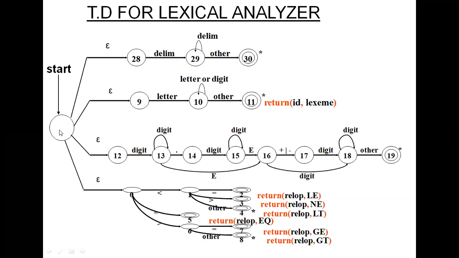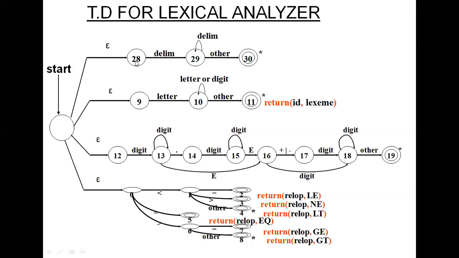That means the starting state connects with the starting state of the delimiter, the starting state of the identifiers, the starting state of the unsigned identifiers, and the starting state of all relational operators, just by sending the input alphabet epsilon, from the initial state to all the initial states of these patterns, right?